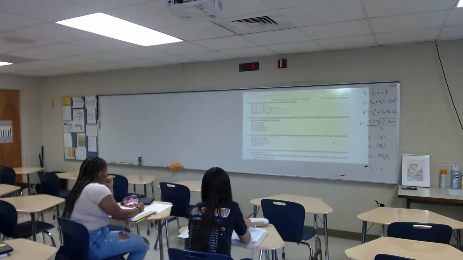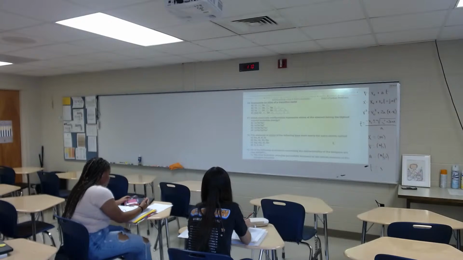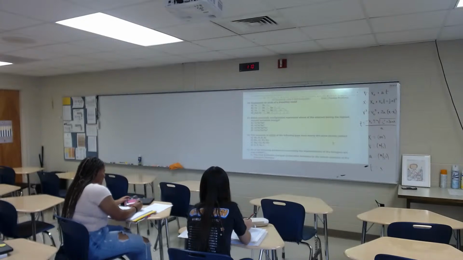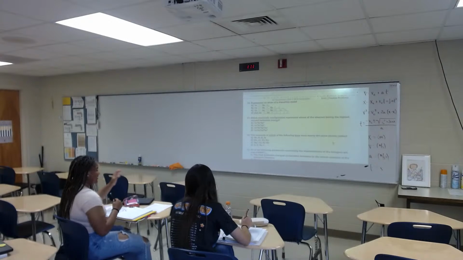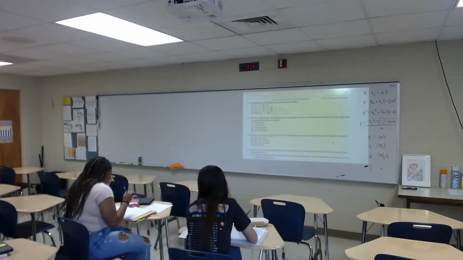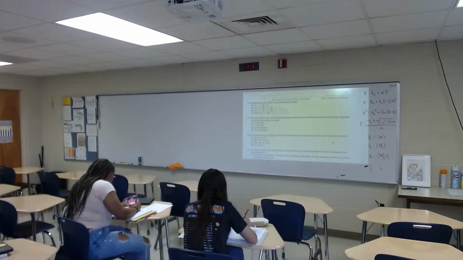Element C has only one valence electron, correct? Correct. That means its second ionization energy is going to be very high. An atom's first ionization energy is the amount of energy it takes to remove that first electron.